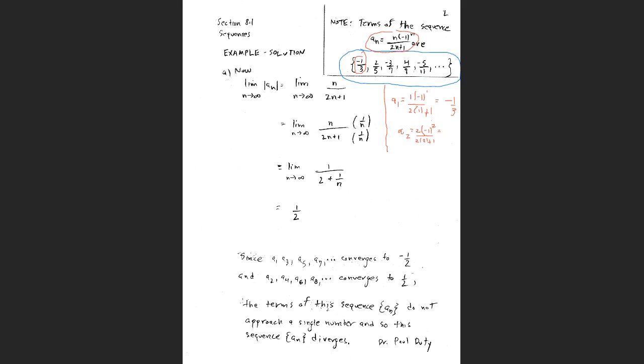And that is going to be positive 2/5. And that's how you get the second term.